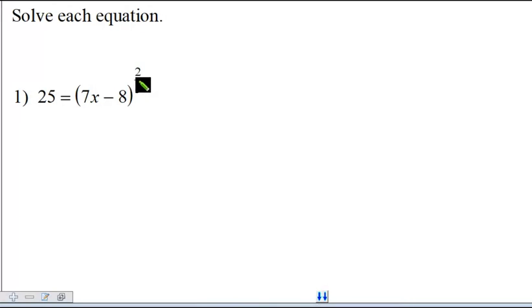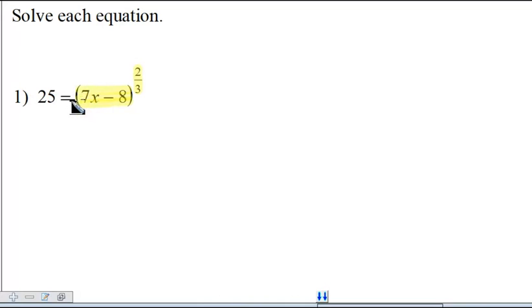When you locate the rational exponent, ask yourself, what is this exponent touching? It's touching the parentheses, which means all of these numbers in the parentheses are actually underneath this radical. So typically we would isolate the radical, which in this case is already isolated.